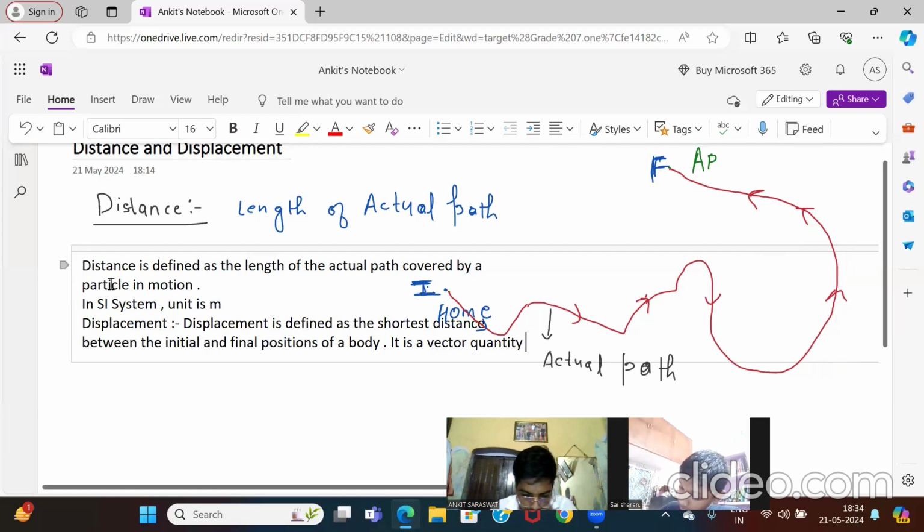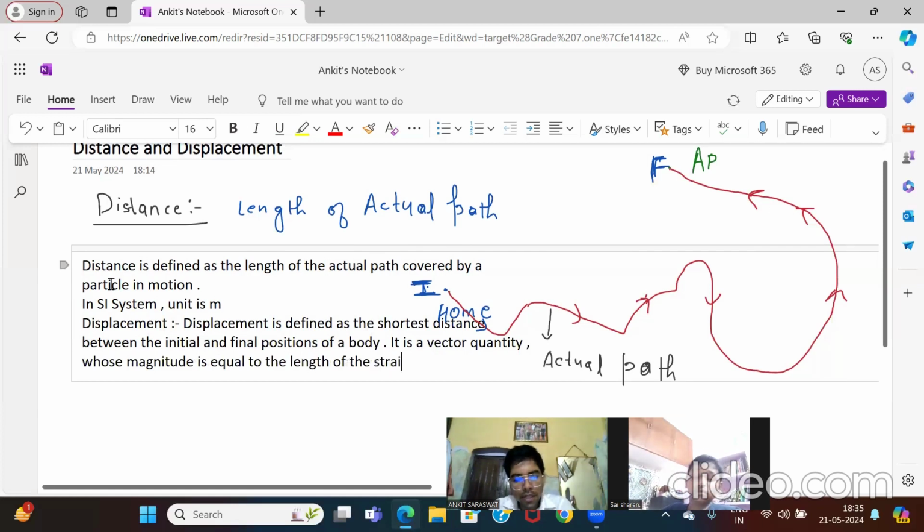whose magnitude is equal to the length of the straight line path from the initial to final position.